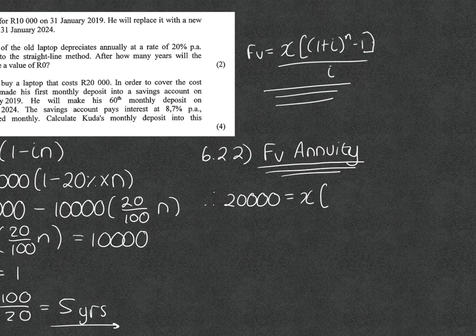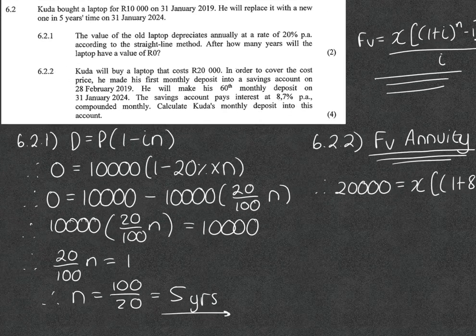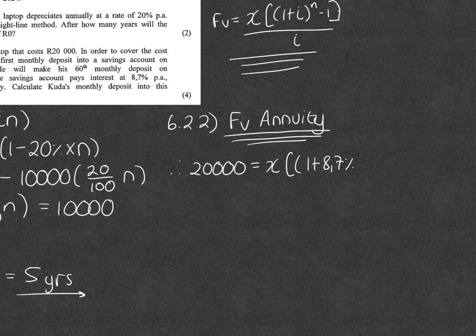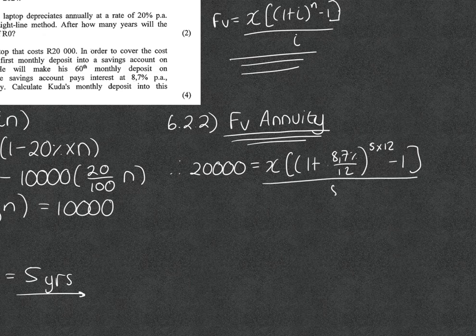Okay. Once we have that, we can then say 1 plus, we're getting an 8.7%. And is it compounded monthly? Yes, it is. So we can put that over 12. Let me rather rewrite that and put that over 12. Okay, so we're going to say (8.7% over 12) to the power of, it's going to be 5 years, so 5 times 12, so 60 payments, minus 1, all over 8.7% over 12.